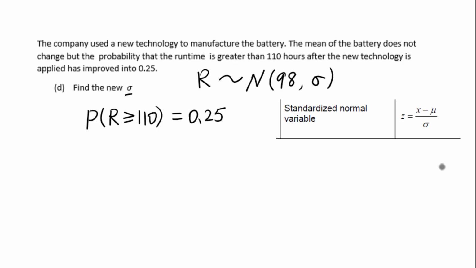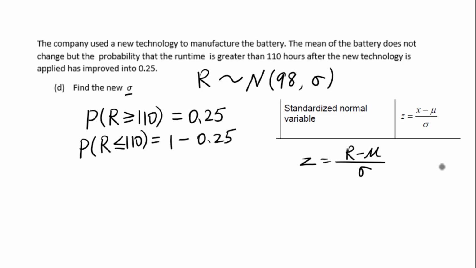When we look for mean or standard deviation, we have to use the standardized normal variable z. X minus mu over sigma equals z. In this situation, z equals R minus mu over sigma. Since we have to use inverse normal, we will figure out probability of R less than or equal to 110 equals 1 minus 0.25 equals 0.75.